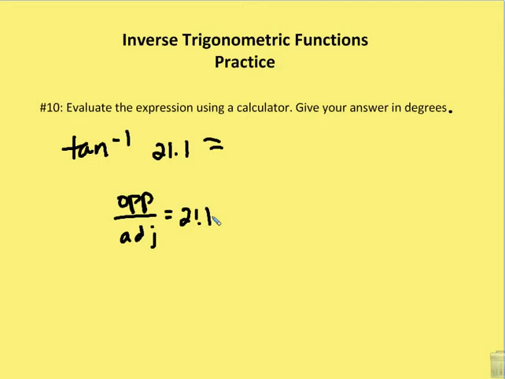So I turn on my calculator and I find the inverse tan button, so tan to the negative 1, and I type in 21.1, and I end up with approximately 87.3 degrees as my answer. So if I were to then type in tangent of 87.3 degrees, and this will be, again, your reference angle, I should get 21.1 as my answer.